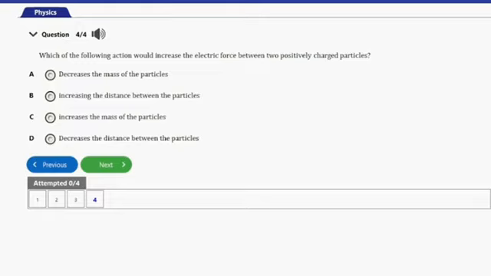It means that when you increase d squared, you're reducing F, and when you reduce d squared, you increase F. So in order to increase the force between the two positively charged particles, you have to reduce the distance between them. That's option D. Decreasing the distance between the particles will increase the force. So that's the answer to this question, and this is where we end this video for today.